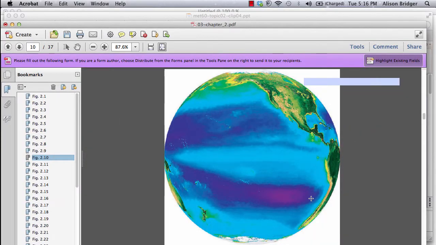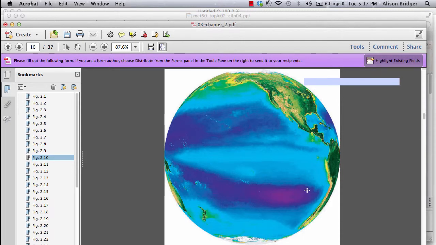This is the version of figure 2.10 that I have. It's not quite the same as in the book, which is interesting. But anyway, it's color-coded as usual. And the important thing is that these purple regions through the central southern Pacific Ocean and to a lesser extent the central northern Pacific Ocean, those regions are biological deserts. There's very little plant life or fish life in the upper ocean here.